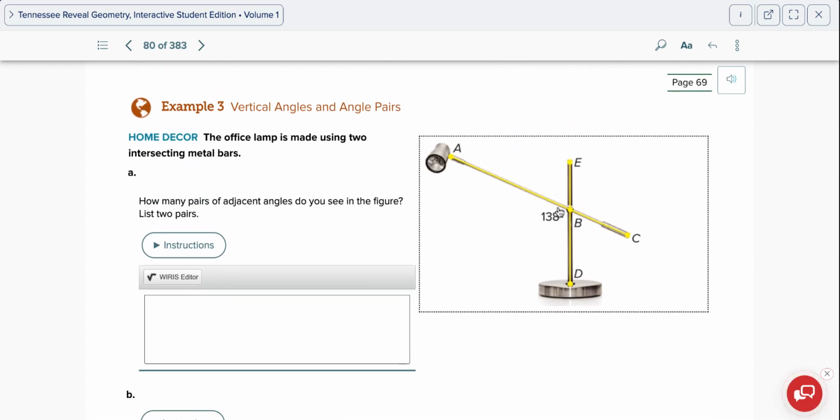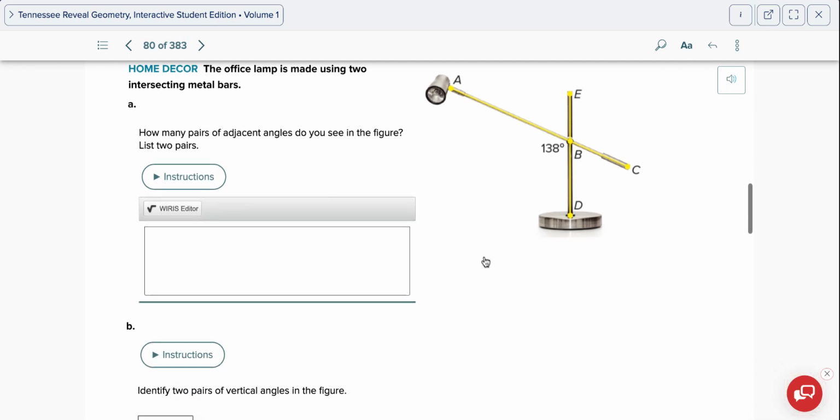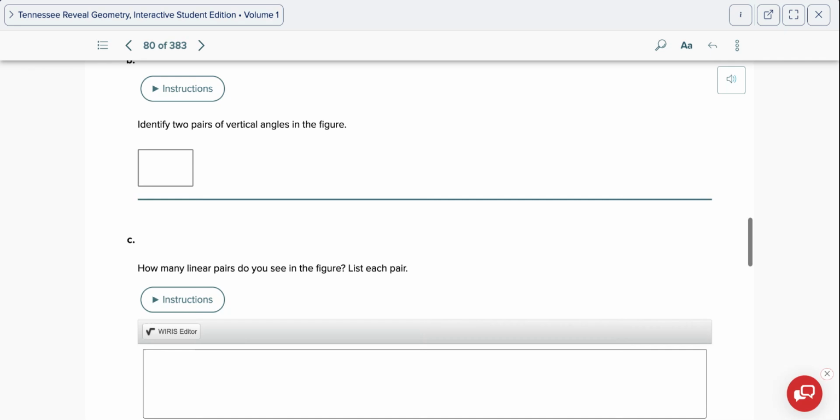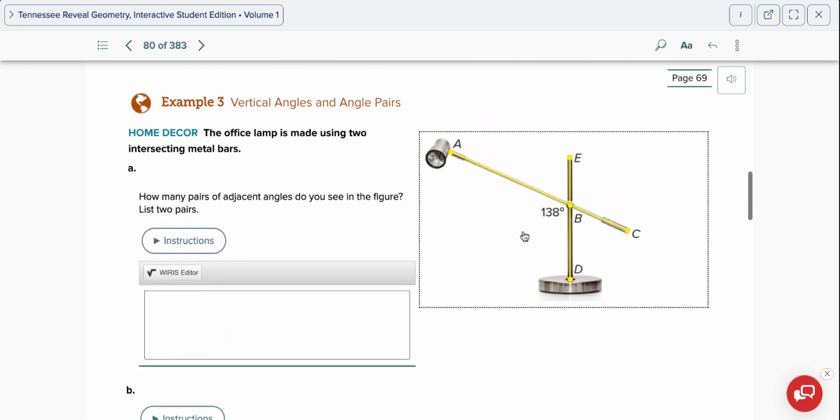If this left angle is 138, so is the right one. And this top angle is vertical to this bottom angle. Those are verticals. How many linear pairs do you see in this? Oh, it's the same thing. 4. 1, 2, 3, 4.